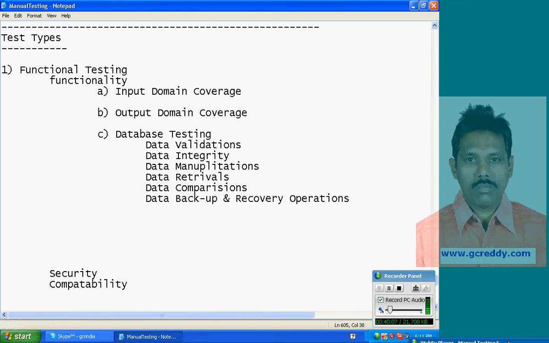Generally they don't maintain all the data, complete data. They maintain the current year and one or two previous years. If they want any previous data like 10 years back, 15 years back, they retrieve from secondary storage devices. Here we have to check how the data backup and recovery operations work.